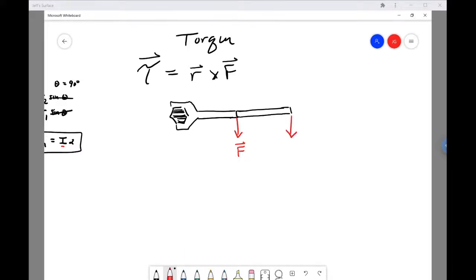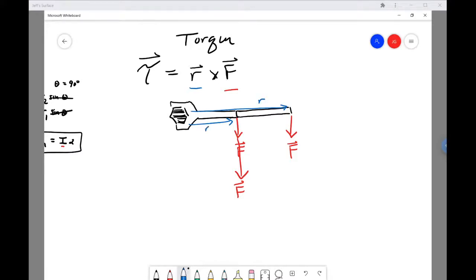You could go to the gym and lift weights, so you could try to make F bigger, or you could just go get a longer lever, a longer wrench. So if you want to increase torque, there's two strategies. You can increase F, or you can increase R.